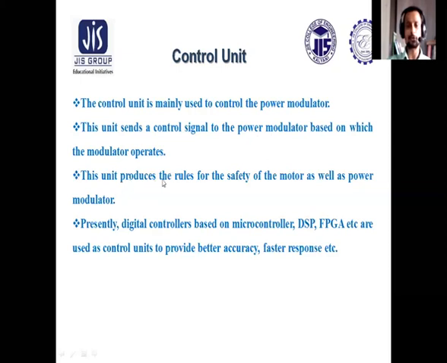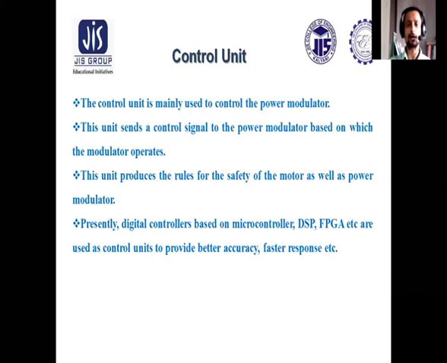This unit produces the rules for the safety of the motor as well as the power modulator. Based on this control signal, the power modulator and the motor can run safely. The control unit is a smart controller in which lots of instructions are written.